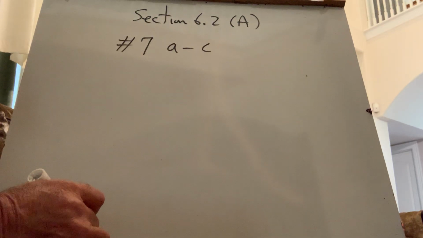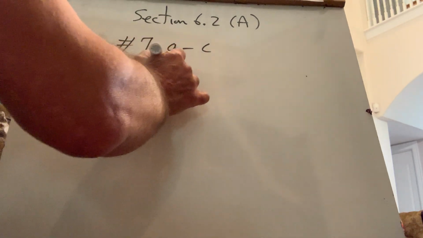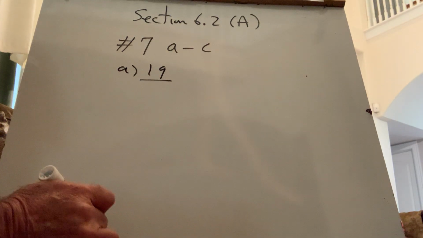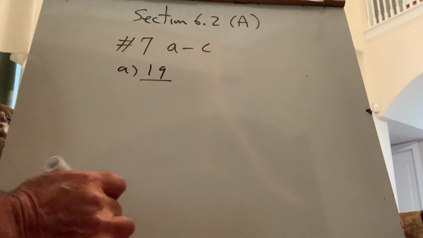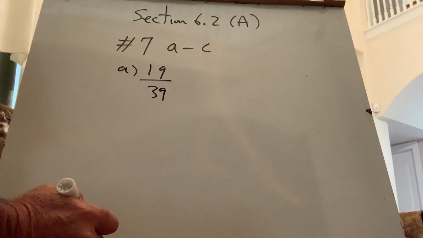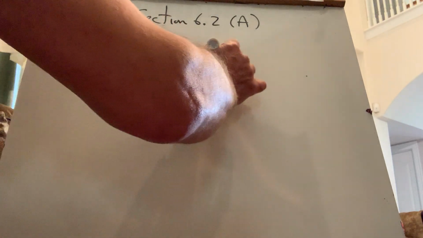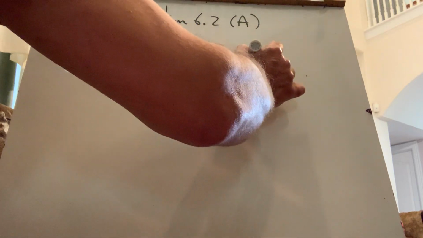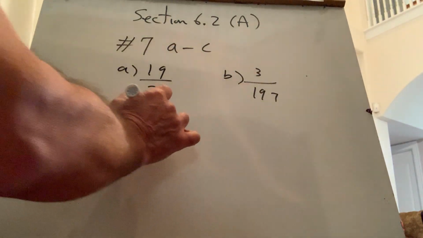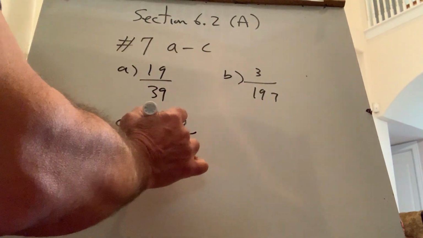Basically, they're giving you some fractions, and they want you to approximate them using values of 0, 1/4, 1/2, 3/4, or 1. Our first fraction is 19 over 39. Part B is 3 over 197. Part C is 150 over 201.